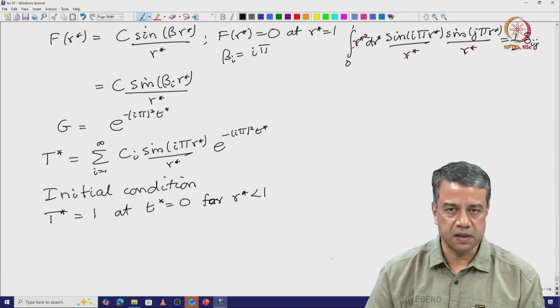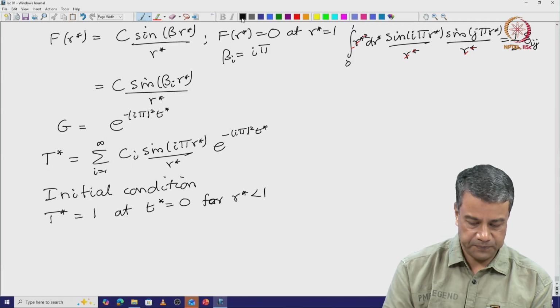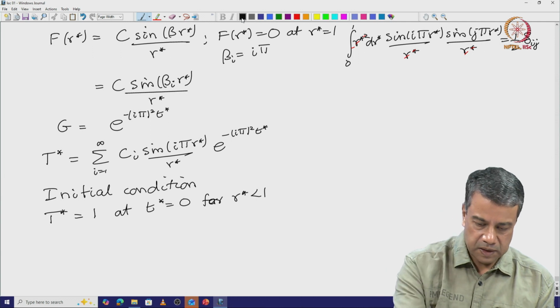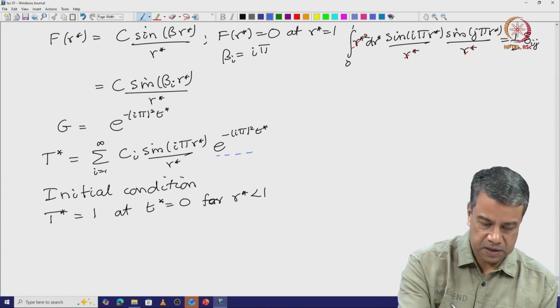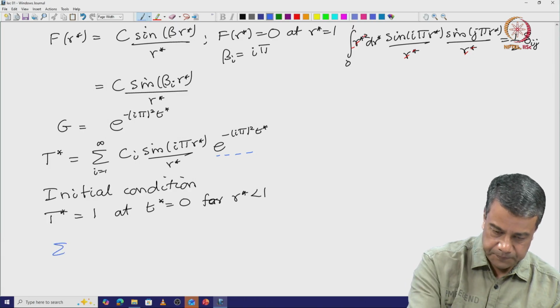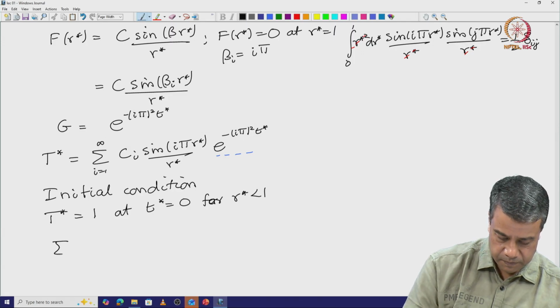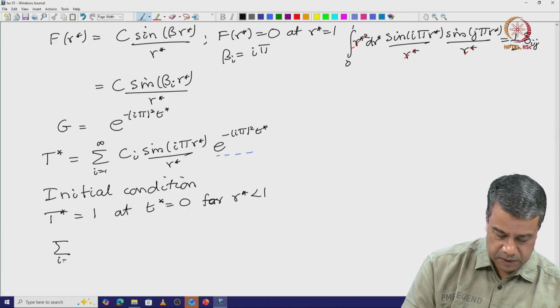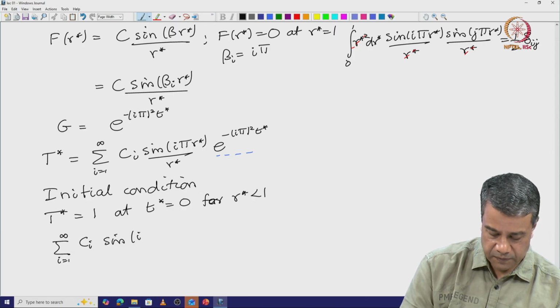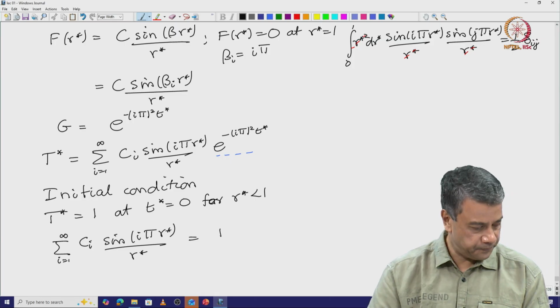At the surface it decreases discontinuously to 0, but it is 1 everywhere within the sphere. So at t star equal to 0, this is just equal to 1. So therefore I have the summation of I equal to 1 to infinity C I sine of I pi r star by r star, and this is equal to 1.